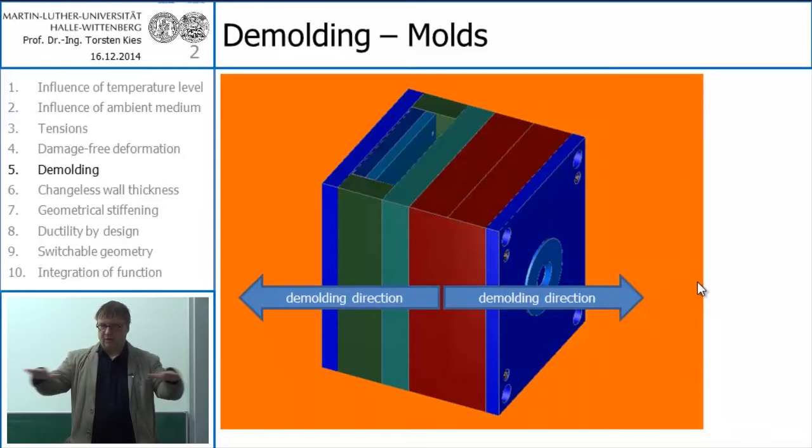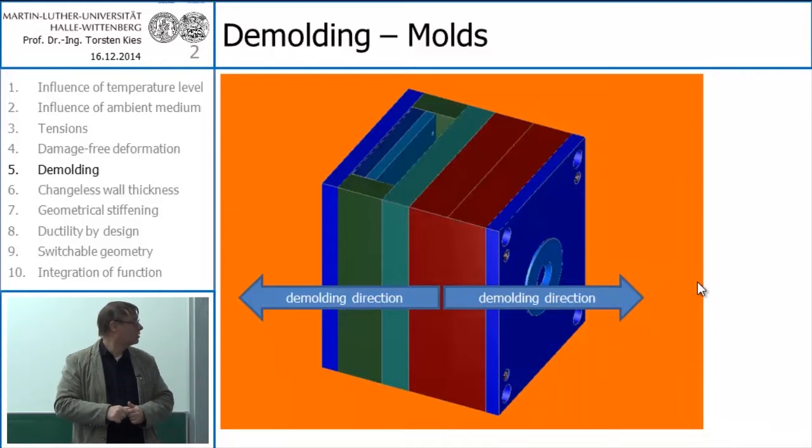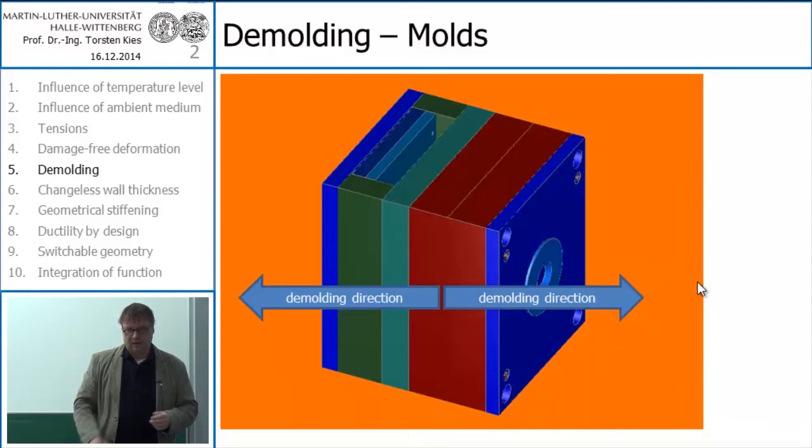We have a ground area, and from this area we start our design process and extrude in one direction. We can extrude in the other direction, and that's handed over to the molds. There we also start from the demolding direction and realize it.